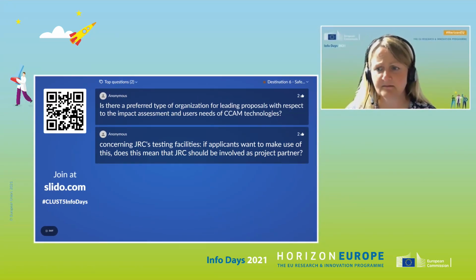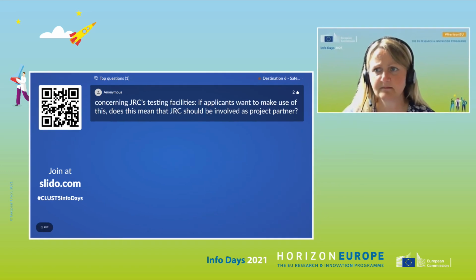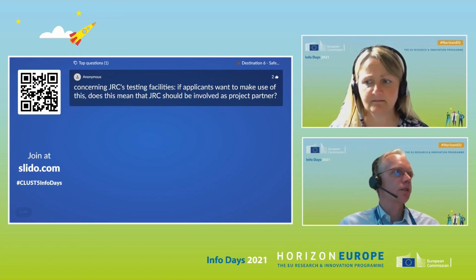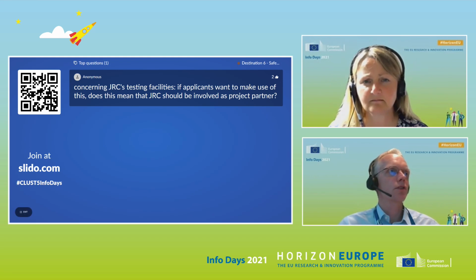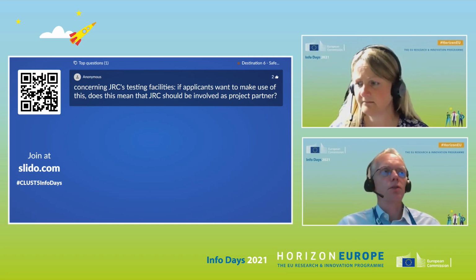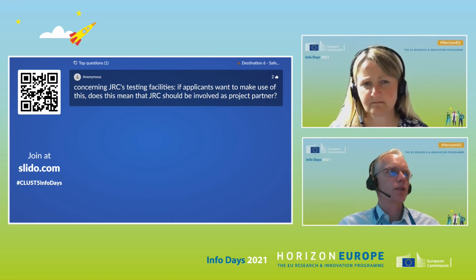Yes, thank you, Isabel. There is another question on the involvement of the JRC testing facilities. If applicants want to make use of this, does this mean that the JRC should be involved as a project partner? Well, that is something that you could negotiate with the JRC, but there is a possibility that they become partner.